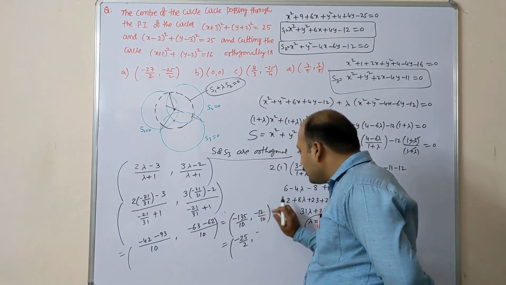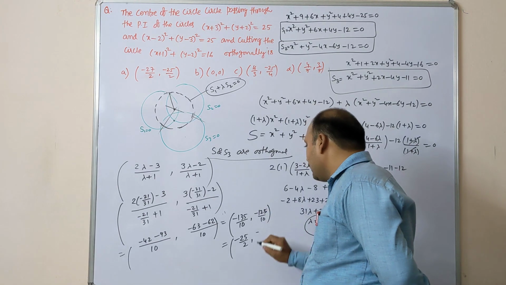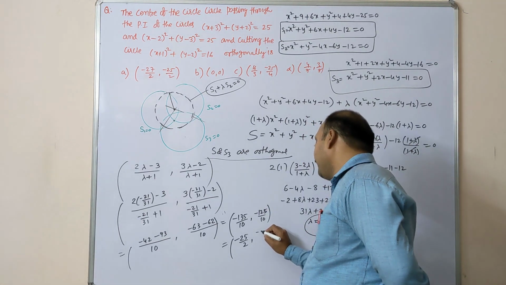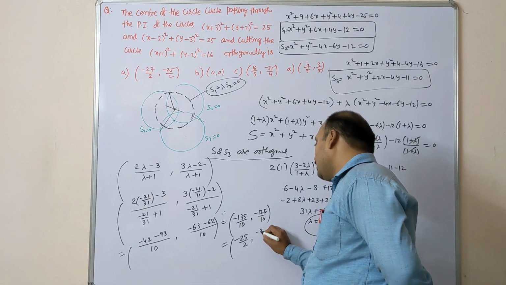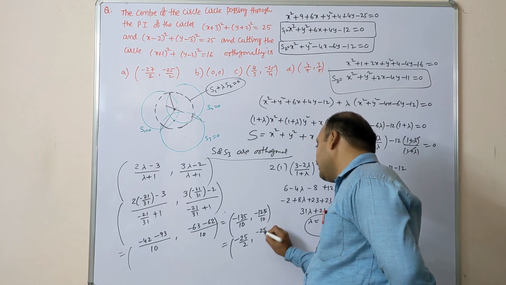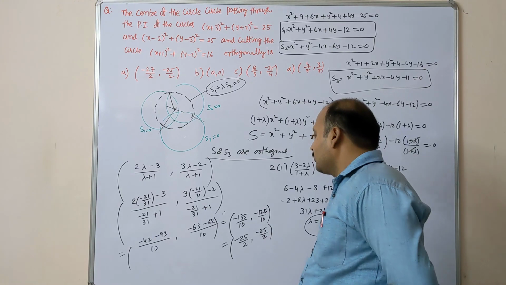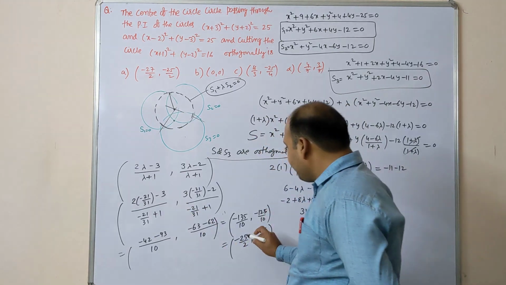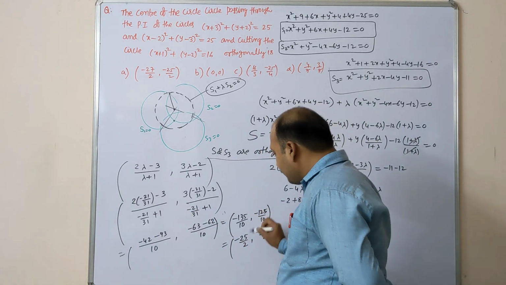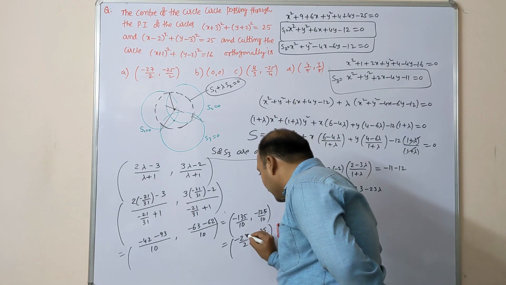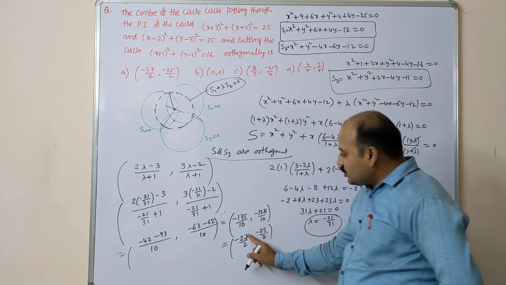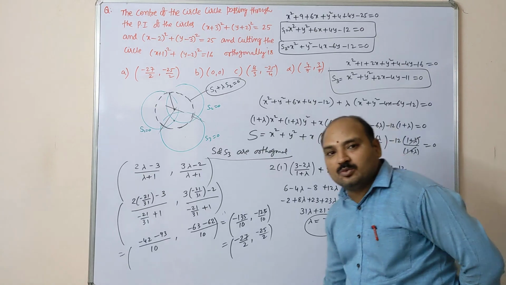So 125 will come. So 5 table again, 5 2s are 10, 5 7s are, very sorry, so 135 means 5 2s are 10, 5 27s are. So minus 27 by 2, minus 25 by 2.